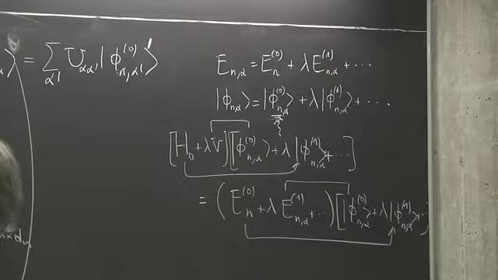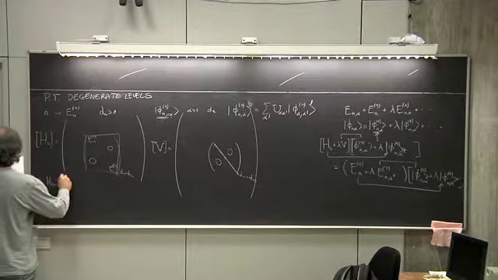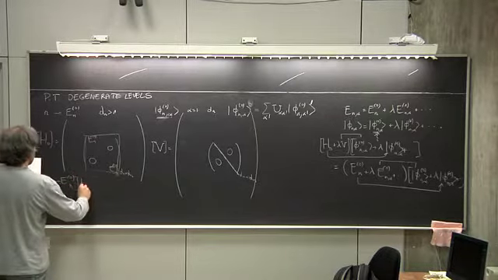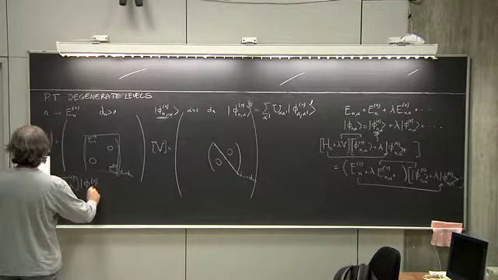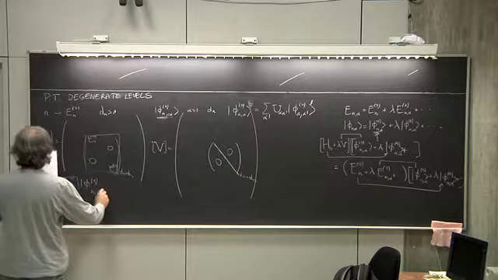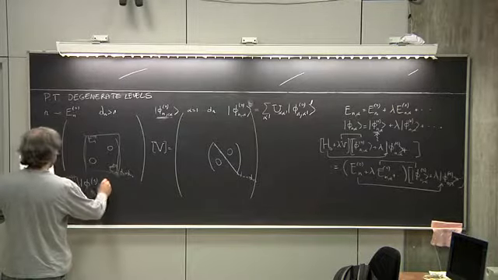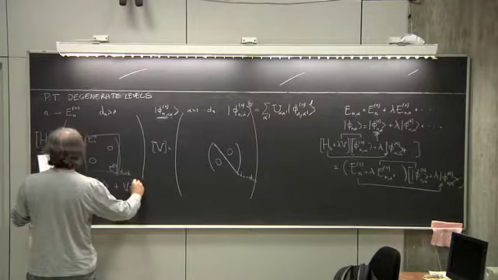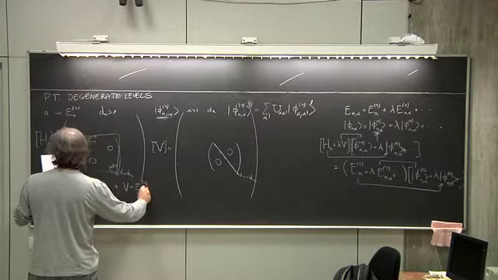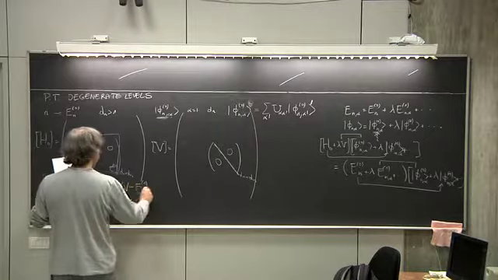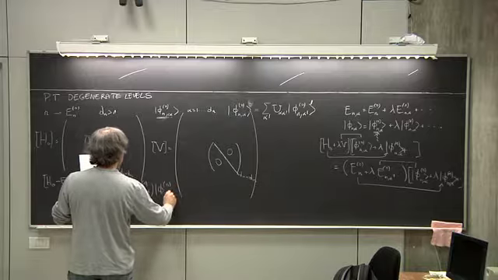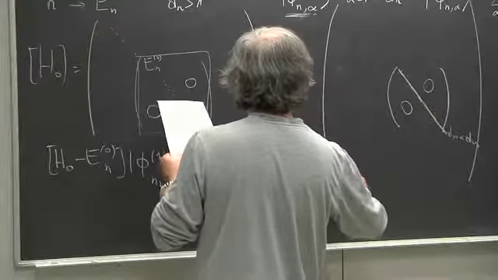The equation that you end up writing is (H0 minus E0n) phi1nα plus (V minus E1nα) phi0nα should be equal to 0.